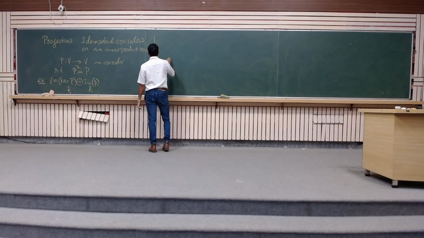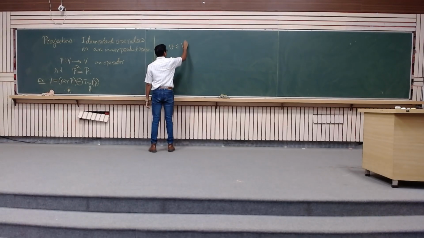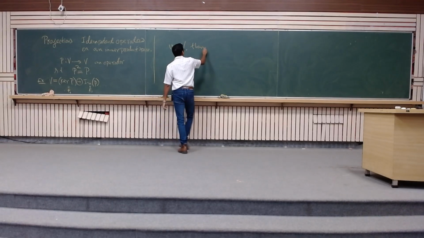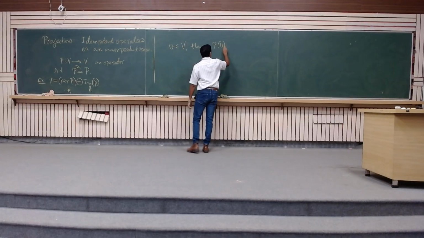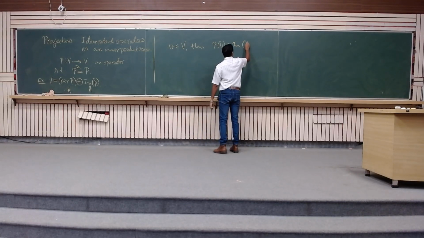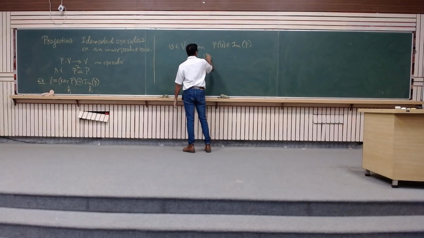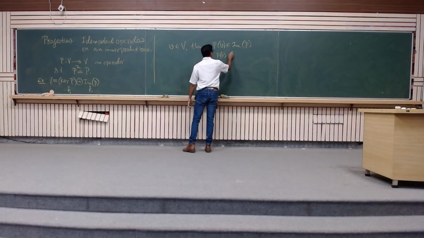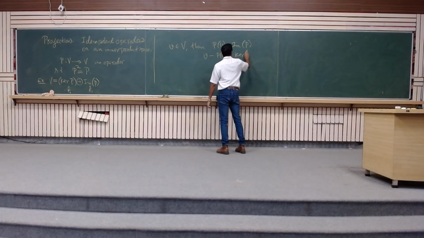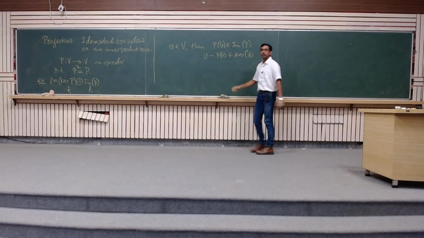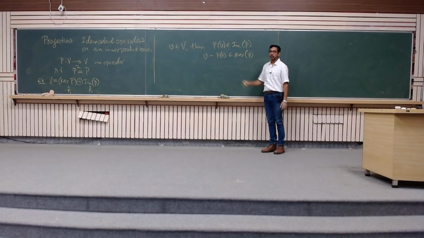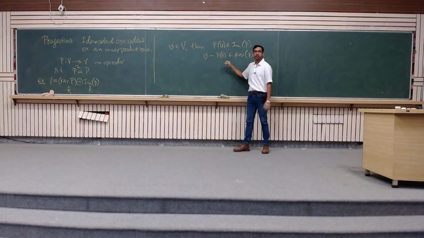In particular, if you have v in V, then Pv is of course in the image of P, whereas v minus Pv is in the kernel of P. Because apply P over this once more, you get Pv minus P squared v, but P squared is equal to P, so Pv minus Pv is equal to 0.